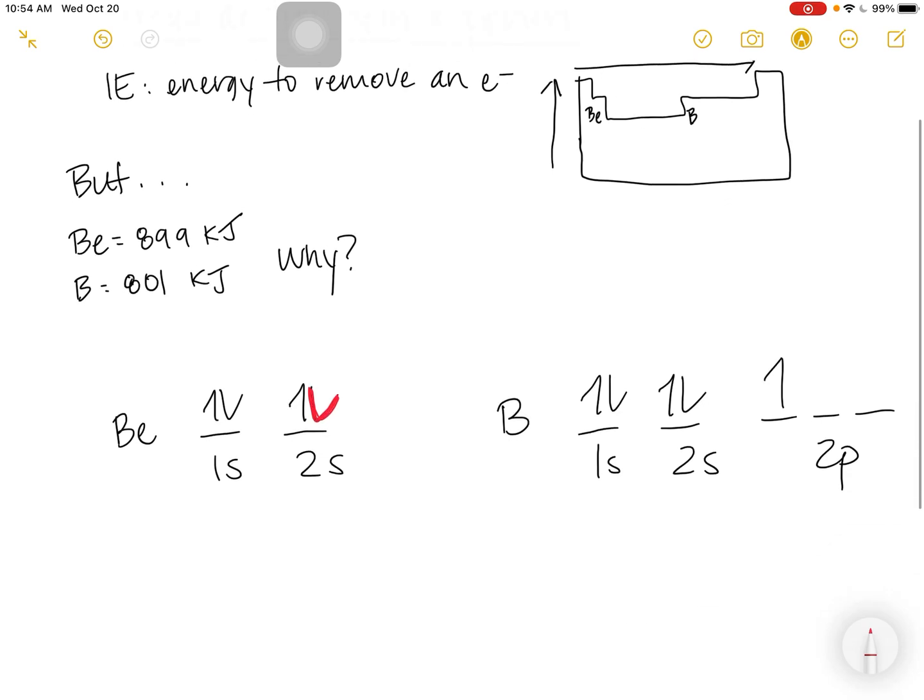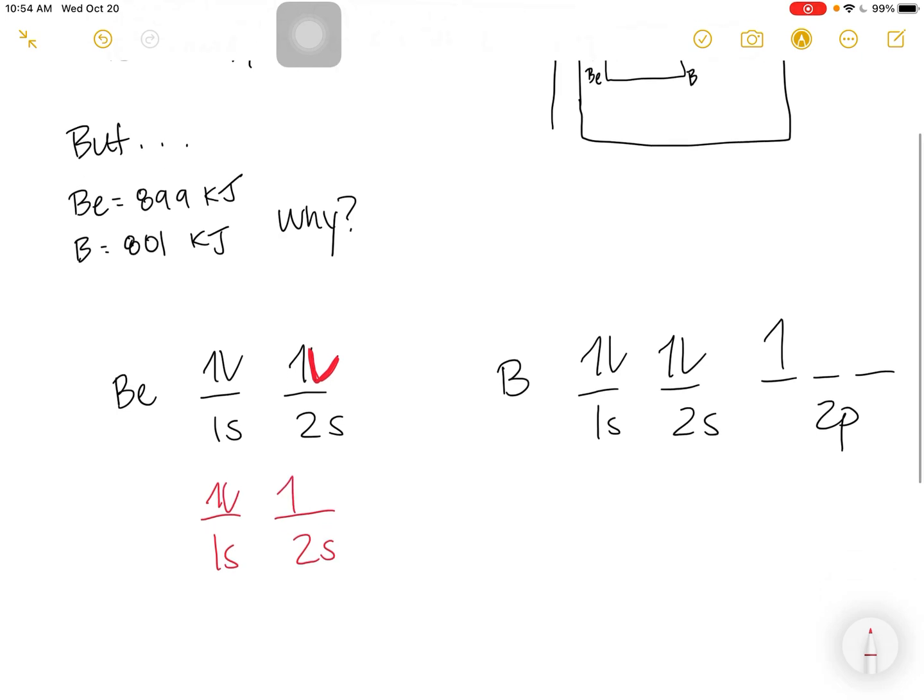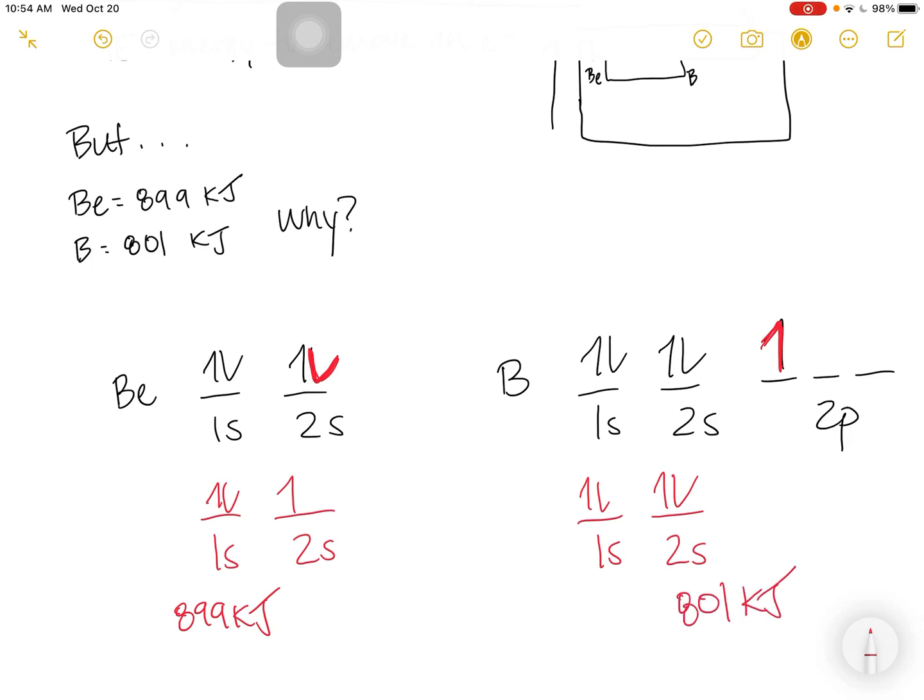That would give us a configuration of 1s2 2s1, and that requires, according to our data, 899 kilojoules of energy. Now, if I were to take boron's last valence electron, that would leave me with this configuration, and that takes 801 kilojoules, which is less than it takes to remove beryllium.